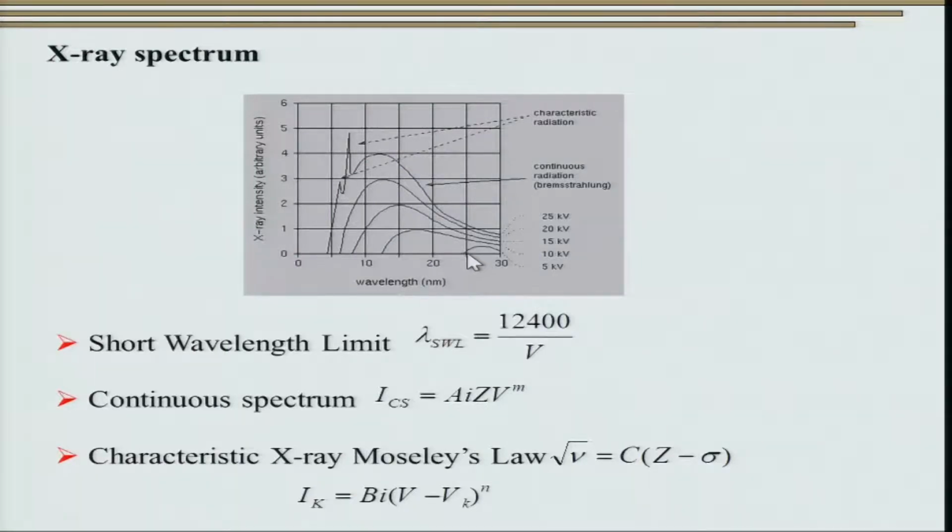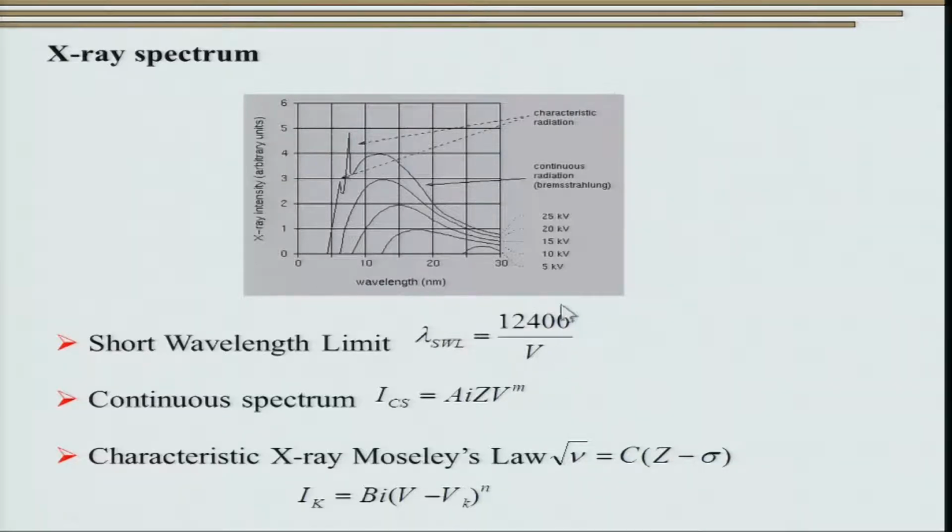This is decided by what is known as the short wavelength limit, which is given by 12,400 divided by V, where V is your voltage. If the voltage is lower, for a given voltage, below this lambda short wavelength limit there is no radiation.